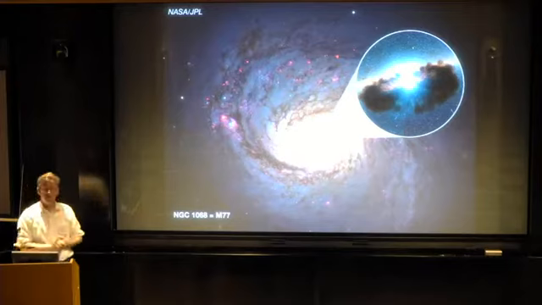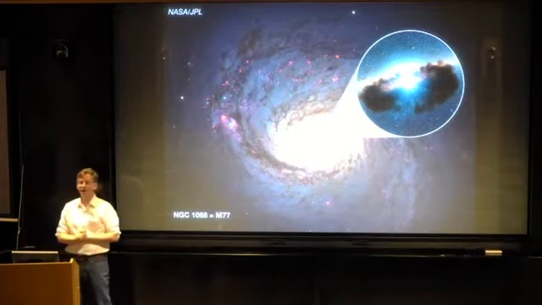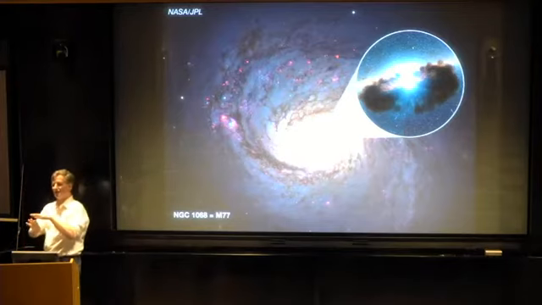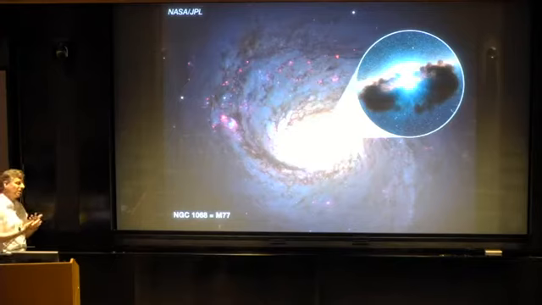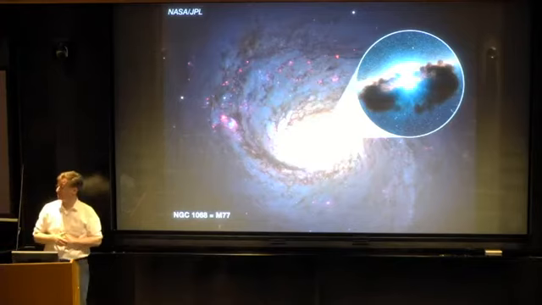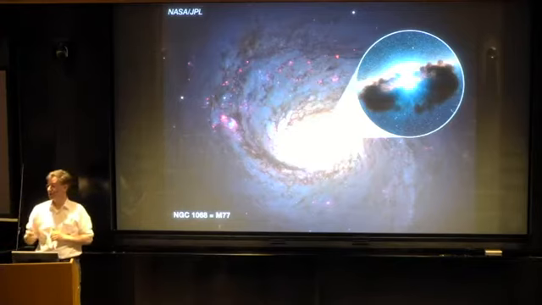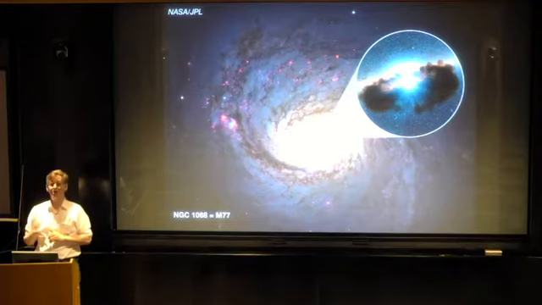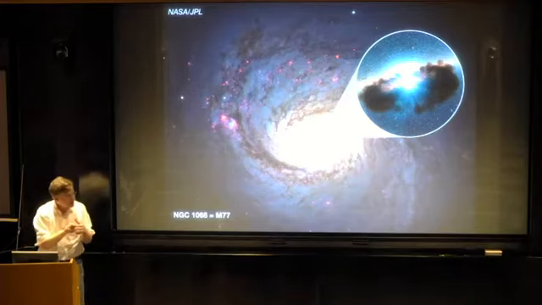I want to mention one other thing about this system, which is that the galaxy and the disk are probably inclined at slightly different angles. Starting in on thinking about black hole accretion flows, most of us probably had the idea that the disk in the center of the galaxy is probably oriented in the same way as the rest of the galaxy.